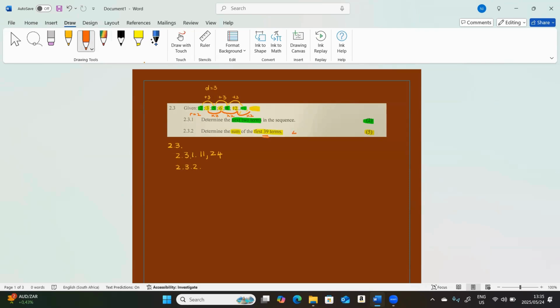Now, I want you to pay attention here because this was the only trick. If they would have asked for 40 terms, it would have been extremely easy, because remember, we have two sequences mixed into one main sequence. To get to the 40th term, we would have had 20 terms of the yellow sequence, and we also would have had 20 terms of the green sequence.